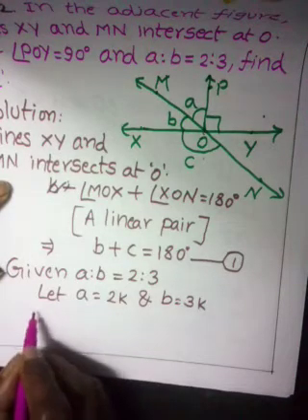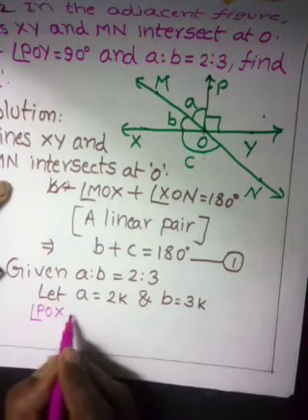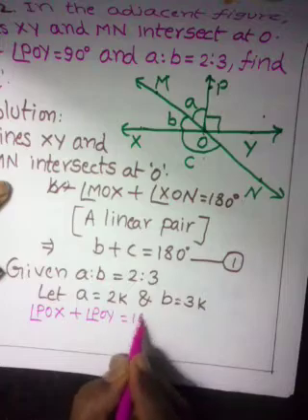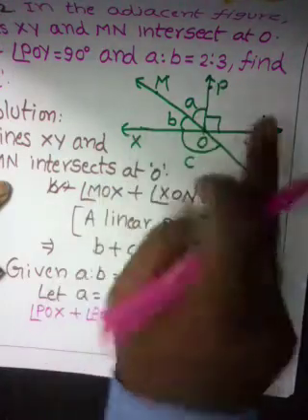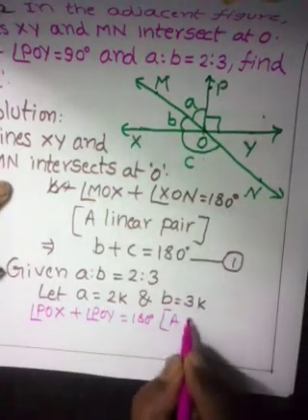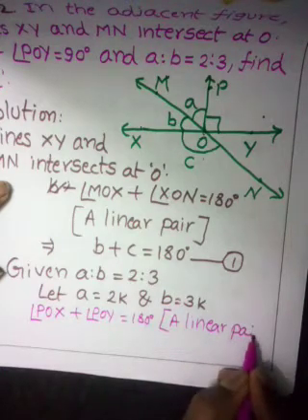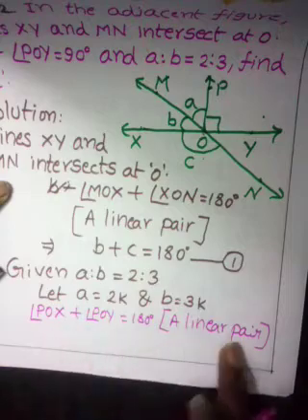So angle POX plus angle POY is equal to 180 degrees because these two angles are also a linear pair. Understood this step, my children?